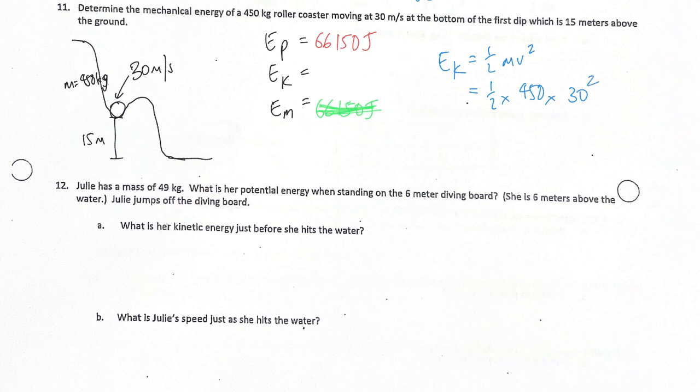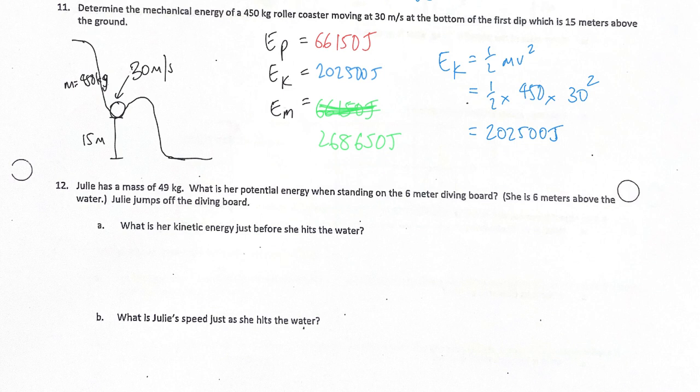So 0.5 times 450 times 30 squared equals 202,500 joules. Then we add them together, plus 66,150 equals 268,650 joules. That's the total mechanical energy.